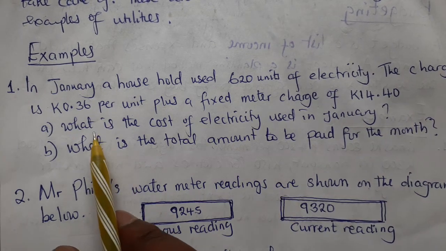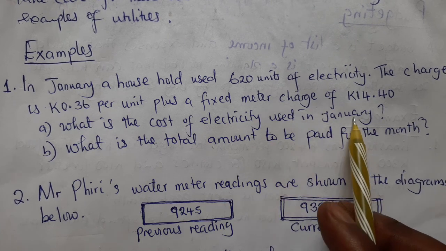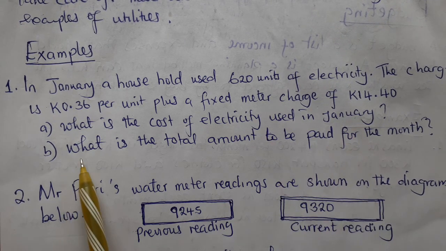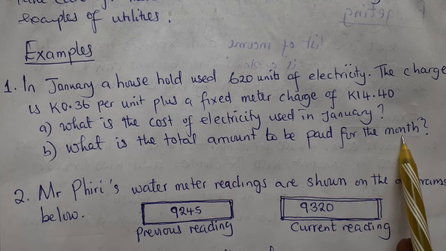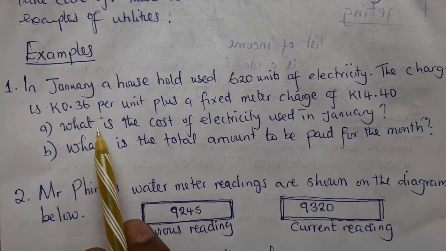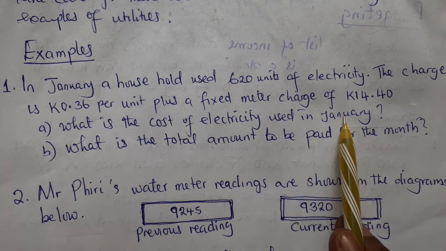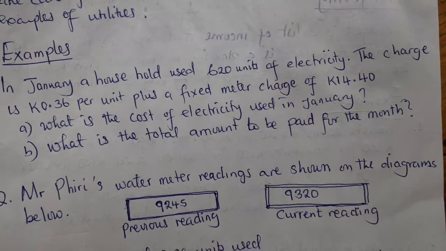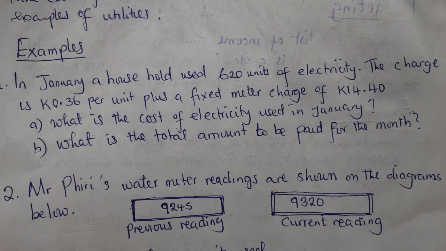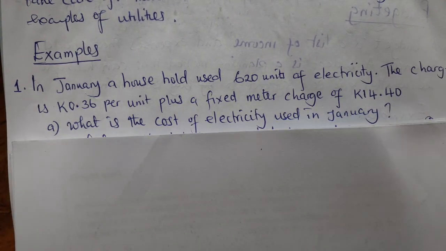The first part of the question says, what is the cost of electricity used in January? The second part, what is the total amount to be paid for the month? So what is the cost of the electricity?